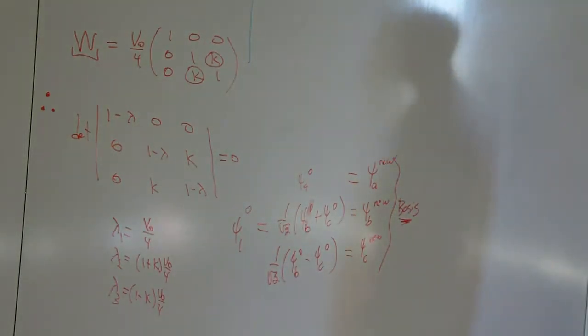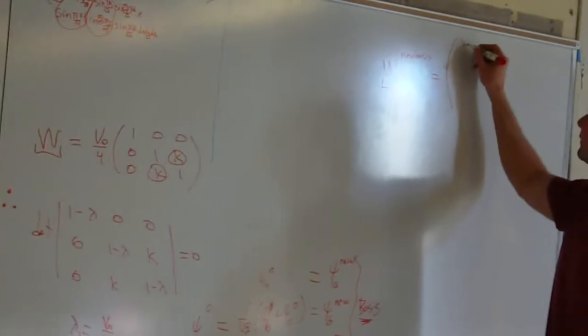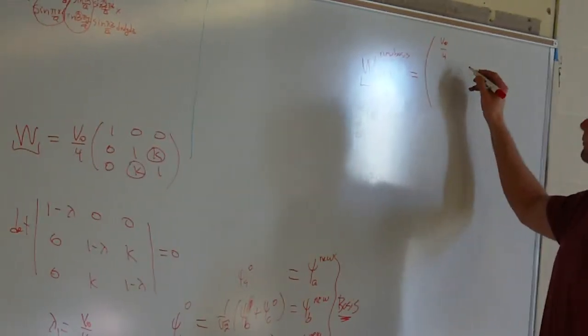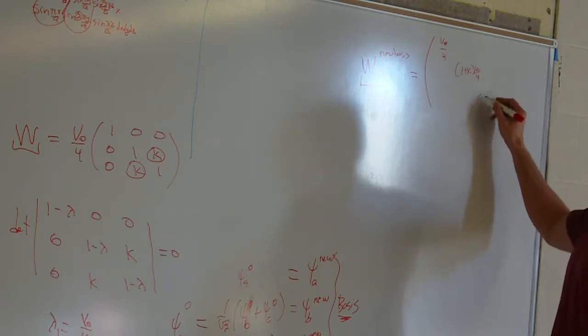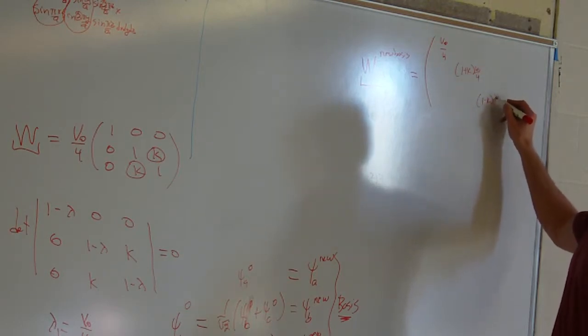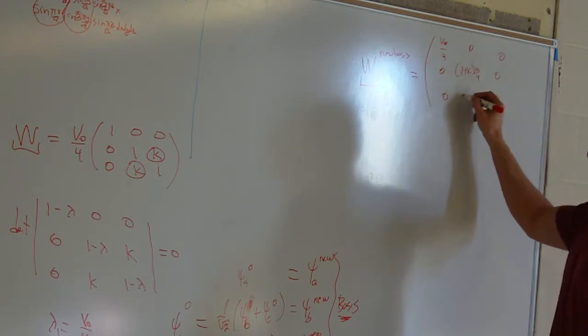What do you think that would equal? It would be a diagonal matrix. Like in this case, for the eigenvalues, it would be V0 over 4, and then 1 plus kappa V0 over 4, and then 1 minus kappa V0 over 4. And that would be 0, 0, 0, 0, 0, 0.